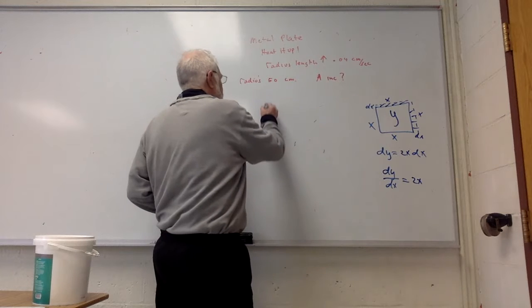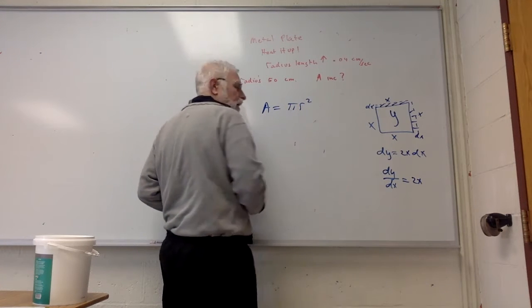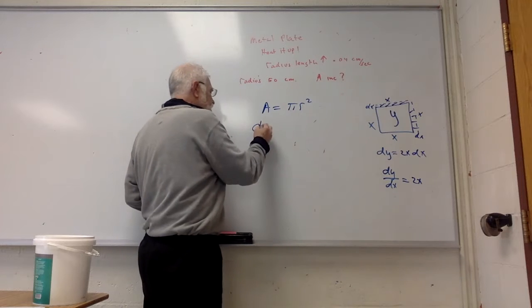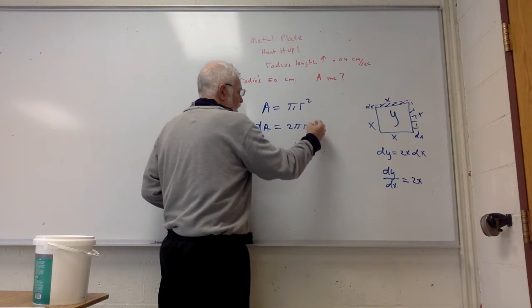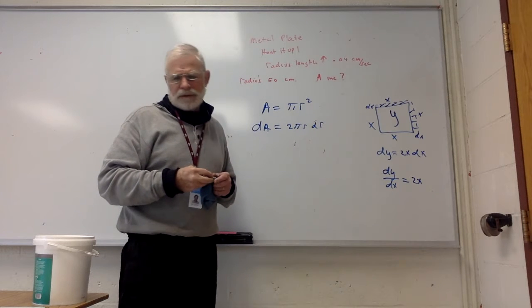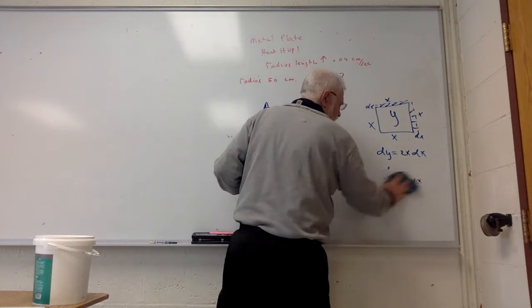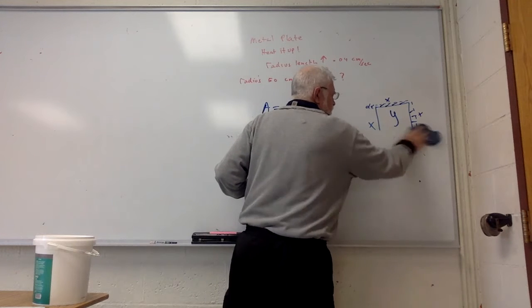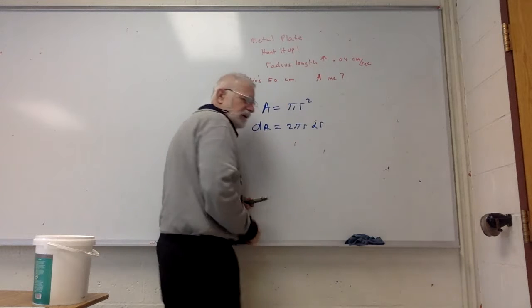Right, so what do we have? We got the area of a circle, something that's circular, pi r squared. So how does the area change? 2 pi r dr. 2 pi r dr. Okay, and I think that was in a previous video. Can't remember which one, but it was recently that we really dove into that. Maybe it was how we were looking at this whole topic to begin with, I think.